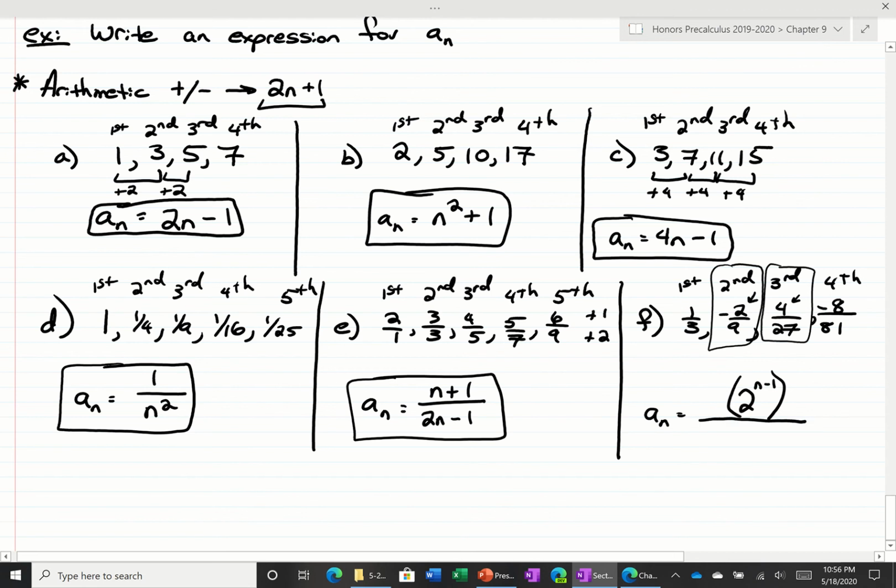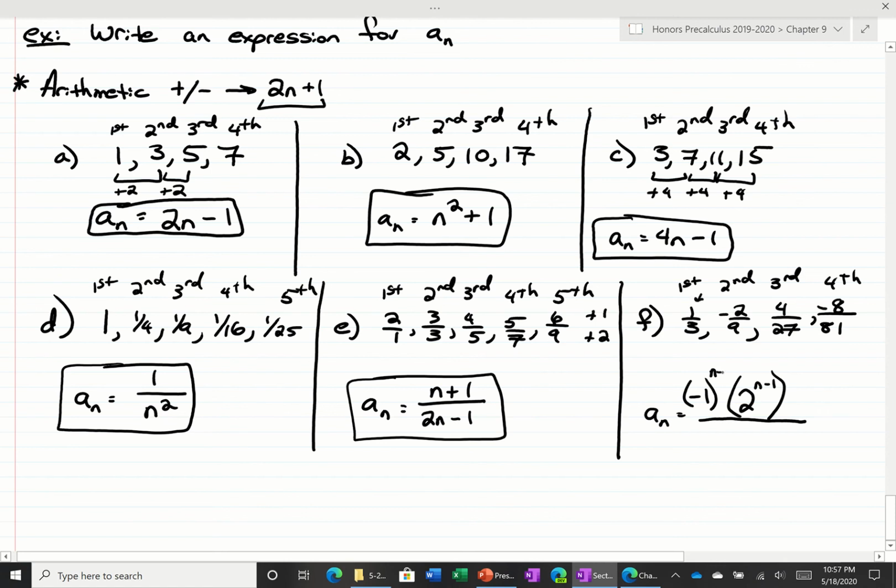We also have a negative 1, right? On top, it looks like it's positive, negative, so it alternates. So what we could do is put negative 1 here, but let's figure out what power we could use. Negative 1 to the n power, for the first term, negative 1 to the first would be a negative term, but that's not what this is.